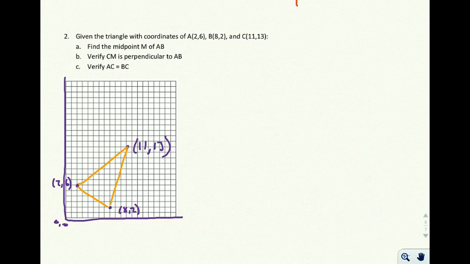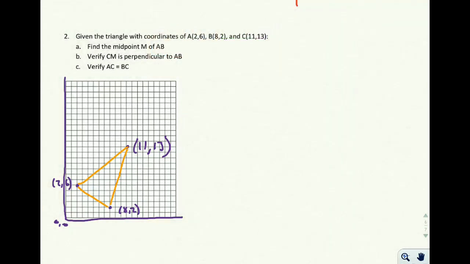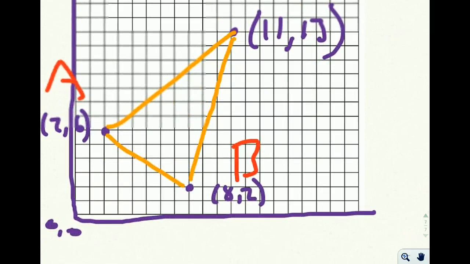First thing is find the midpoint of AB, and they call that midpoint M. So AB, we need to label this as A, this point is B, and this point is C. If we're finding the midpoint here, halfway between 2 and 8, add 2 plus 8 is 10, divided by 2 is 5, so we need to go over 5.